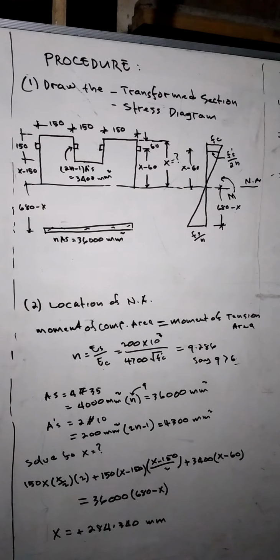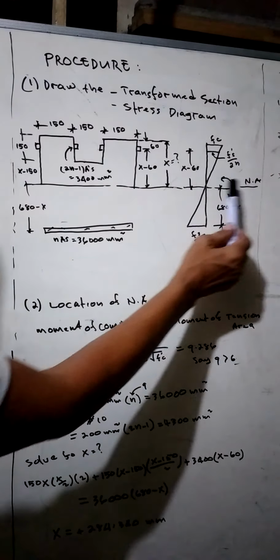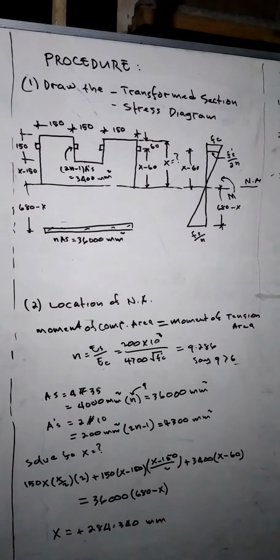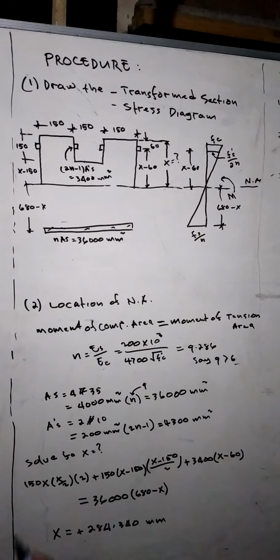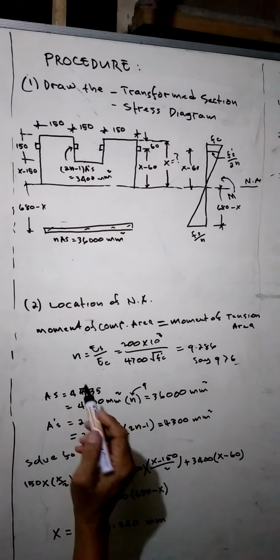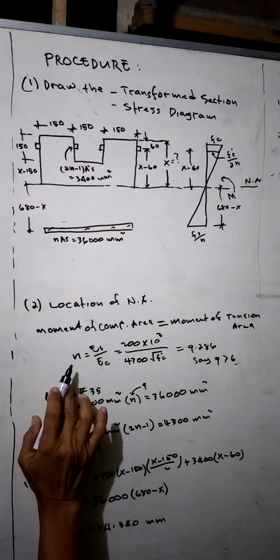Number two of the procedure is location of neutral axis. Neutral axis here is this one, this line, neutral axis. Before we go into solving the value of x, we compute first the modular ratio.